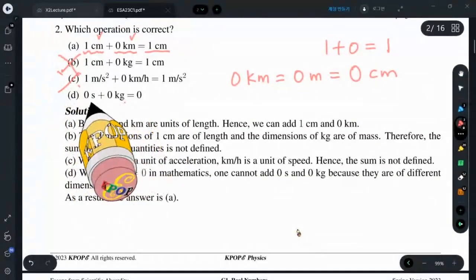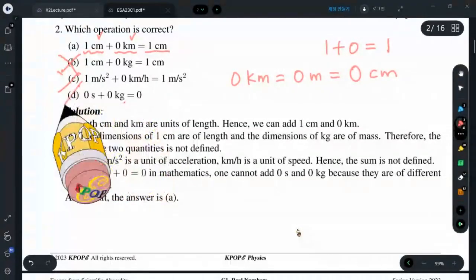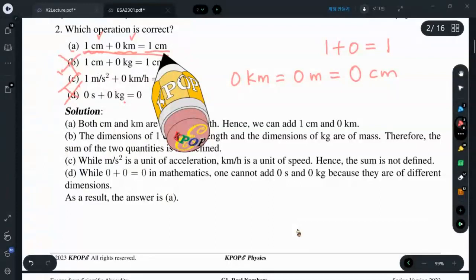In a similar manner, time and mass cannot be added. So this is the answer. And usually in everyday life, we make many such mistakes.